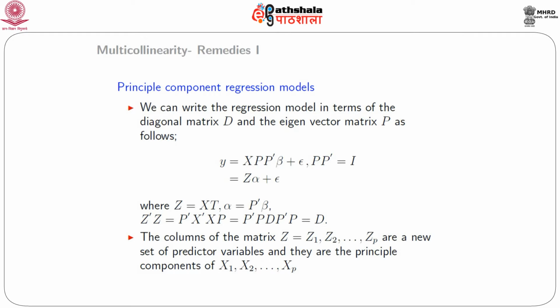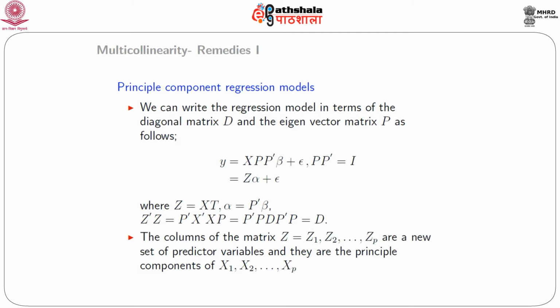As we know, P is the matrix made up of the eigenvectors of x prime x, so P is an orthogonal matrix, and P times P prime equals the identity matrix I. Since we have y equals x P P prime beta plus epsilon, this can be written as y equals z times alpha plus epsilon, where z equals x times P and alpha equals P prime times beta.